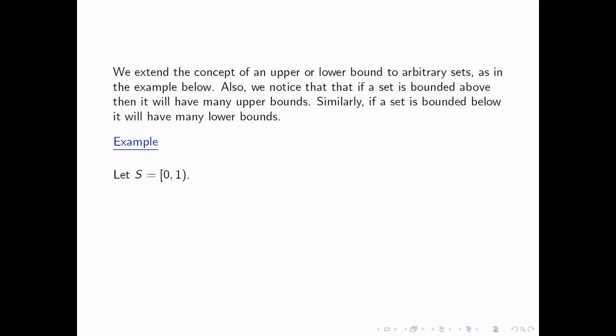An upper bound for this set is the number 1, because any number in that set S is less than or equal to 1. Remember, we define a term, then that definition gives us the pattern against which to measure that concept, right?